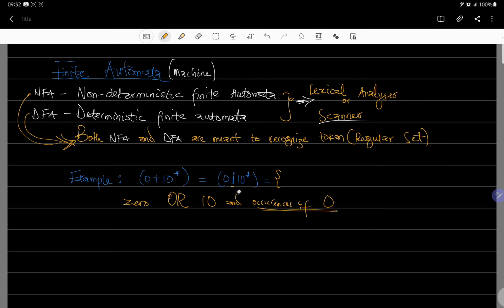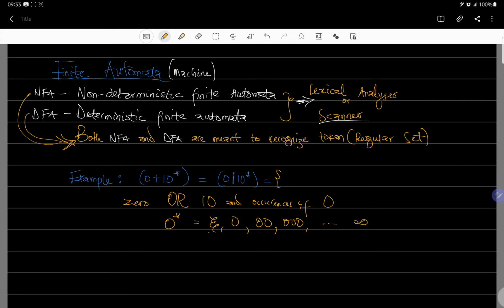Occurrences of 0 can be, there can be a 0 and there might not be a 0. So what 0 asterisk means is there might be a 0, there might not be a 0, there might be just one 0. The next one is there might be 2 zeros. The next one is there might be 3 zeros. Like that, you have zeros to infinity.